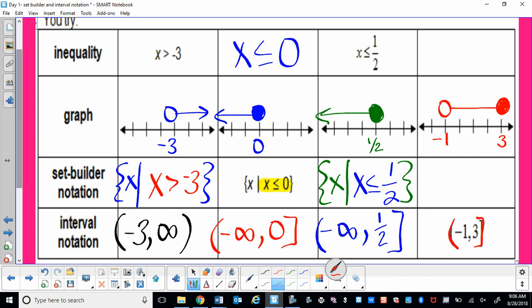Okay, so let's see what that says. All right, so this is an "and" graph. We'll get to that in a second, but this is an "and" graph because my inequality is connected in between.